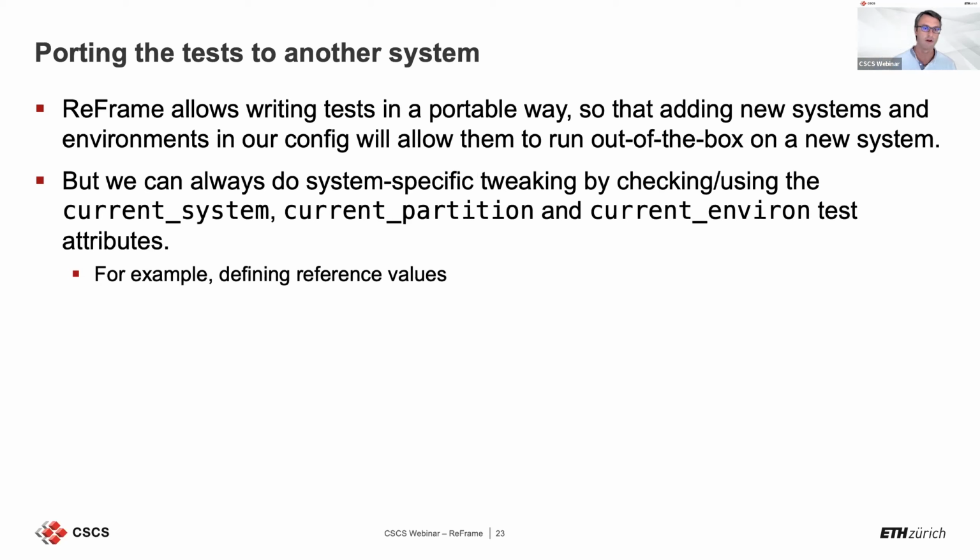You have to set an environment variable to force the remote partition detection, in which case ReFrame will use the information in the configuration file and submit a Slurm job to detect the actual node. And then it will cache it under your home directory .reframe, and I don't remember the exact path. If that is present, it will use that.